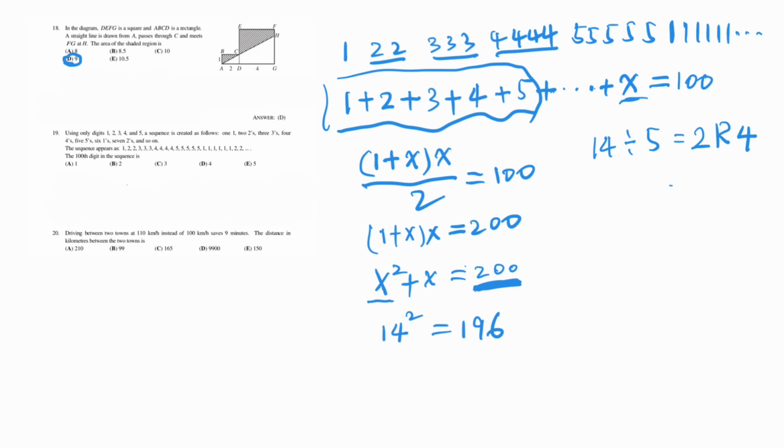So after the two repetitions, there is remainder 4. Remainder 1 is the 1. Remainder 2, that's the 2. Remainder 3, that's the 3. Remainder 4, that's the 4. So x is 4. So the answer is D.